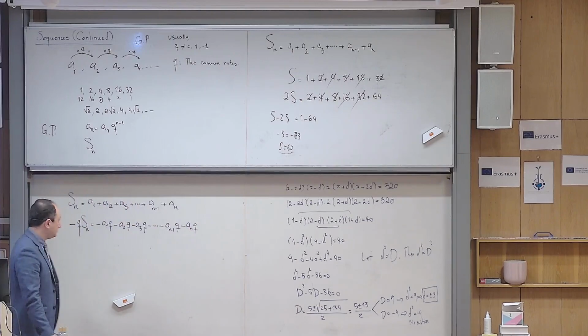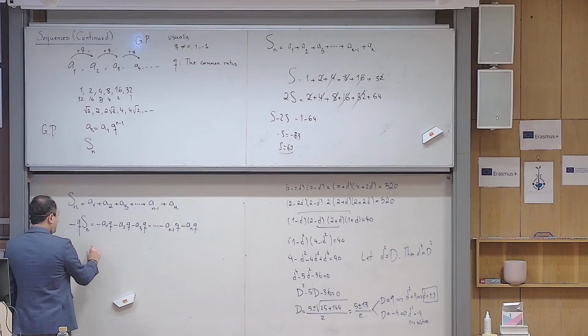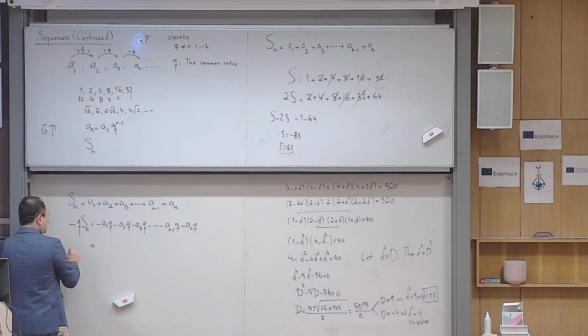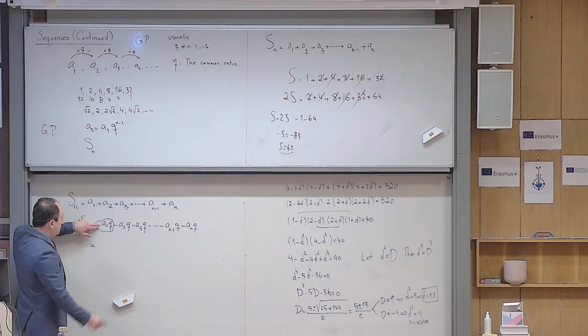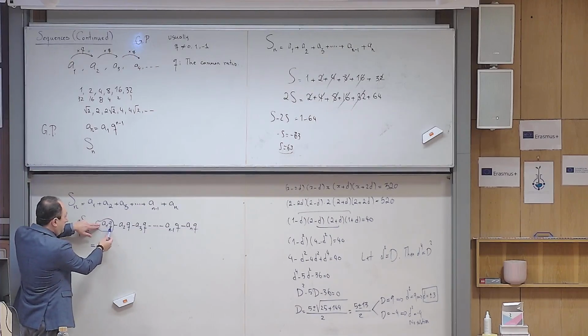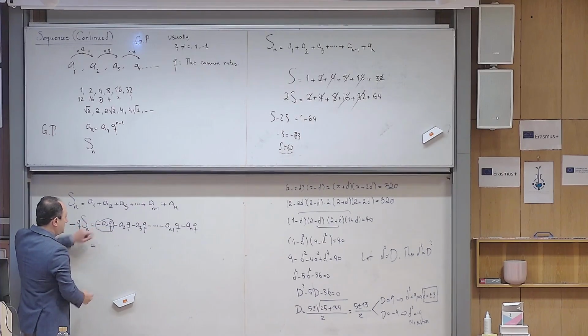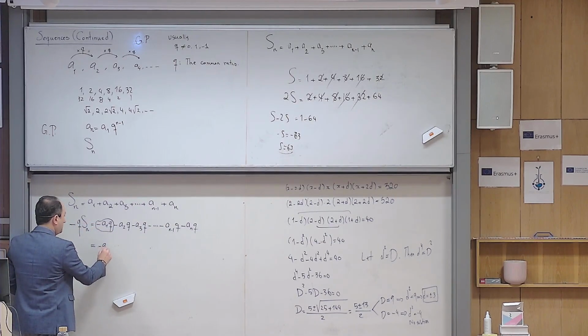Yes? Let me now ask your opinion. So what can I write instead of this? Minus a2. Minus a2, yes? Forget about the minus sign. If I multiply a1 by q, according to the definition of the geometric progression, this becomes term number 2. But I have a minus sign, so it becomes minus term number 2.